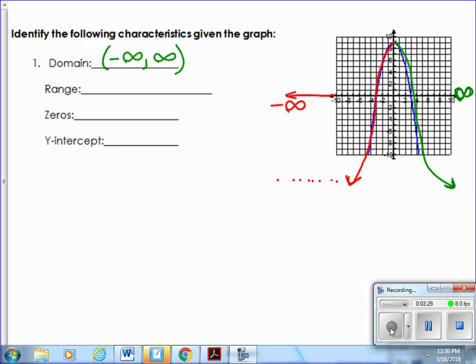Now, whenever we're reading the range of a graph, we're talking about the y values, which means we're looking at how this graph is going to look as we go up and down the y-axis. Now, whenever we're doing the range, we read it from the bottom up every single time. So we've got to start from the bottom. So we've got to ask ourselves, does this graph have an absolute lowest point that it goes to?